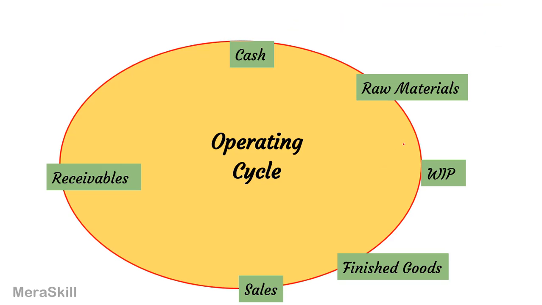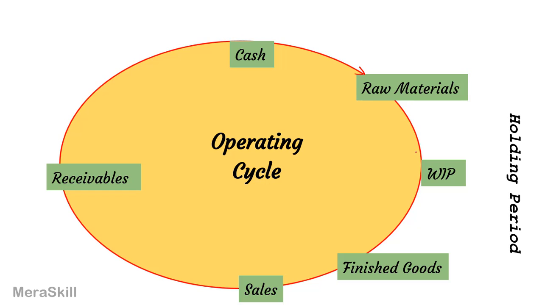This is how the operating cycle is, students. Say cash to buy raw materials, goes to work in progress, goes to finished goods, and gets converted to sales. Till such time, this period is the holding period. From the sales, it becomes receivables, but from receivables to cash again takes time, right, students?